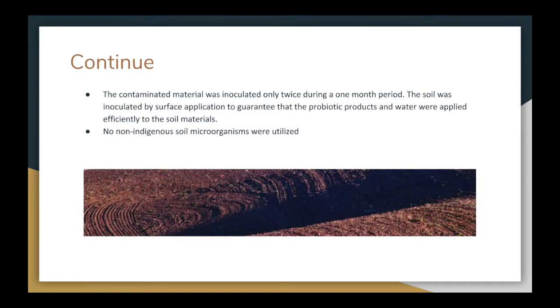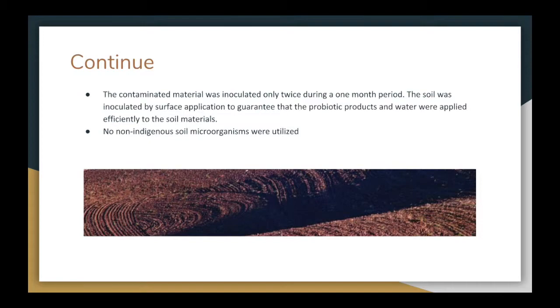The soil contained in the LTU received approximately 3,000 gallons of water per inoculation. The water was utilized as a carrier for probiotic solution products. The soil was mixed and surface irrigated periodically to ensure proper soil moisture availability, approximately 30% moisture content.